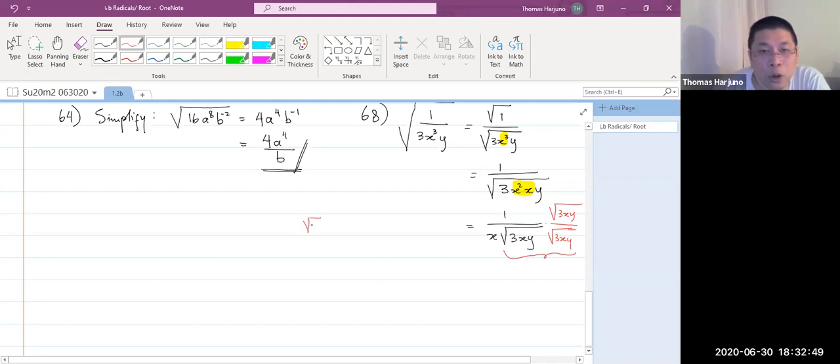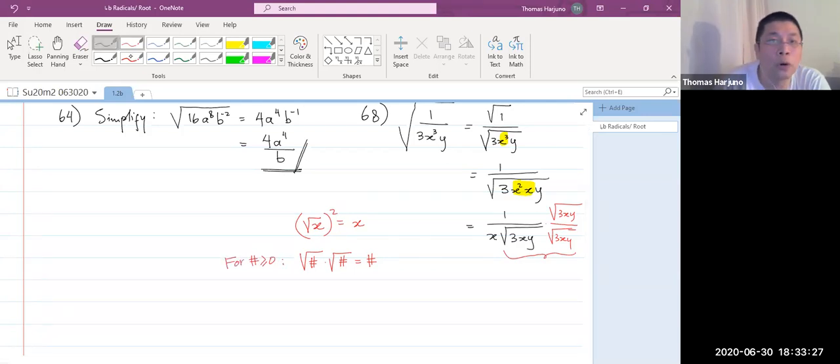The square root of x, when I square it, will cancel the square root. Of course, we need to assume x to be non-negative. To be more precise, in this case x has to be positive for that to happen. So the square root of blah multiplied by square root of blah equals blah, as long as blah is non-negative.